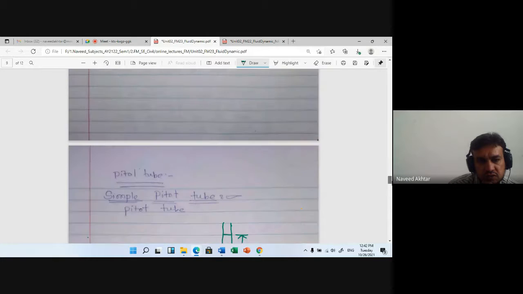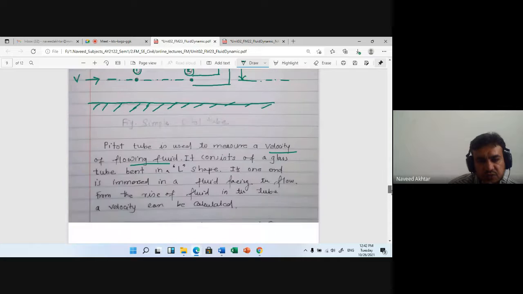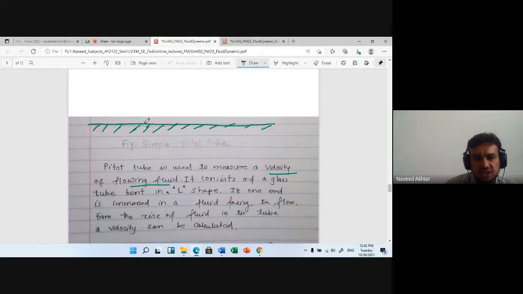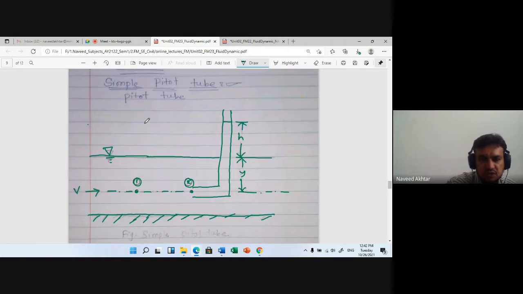So how does it work? You can see the simple pitot tube. The pitot tube is used to measure the velocity of flowing fluid. It consists of a glass tube bent in L shape, as shown in the figure.